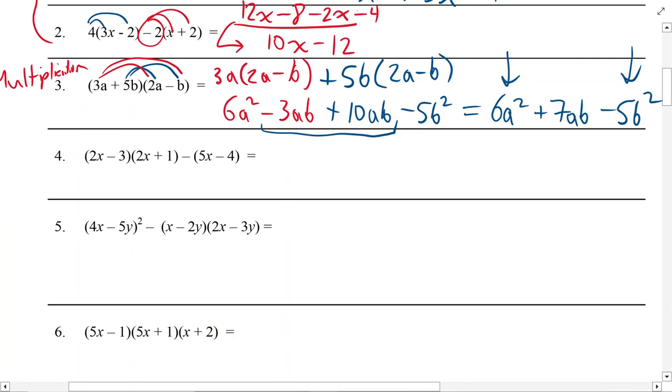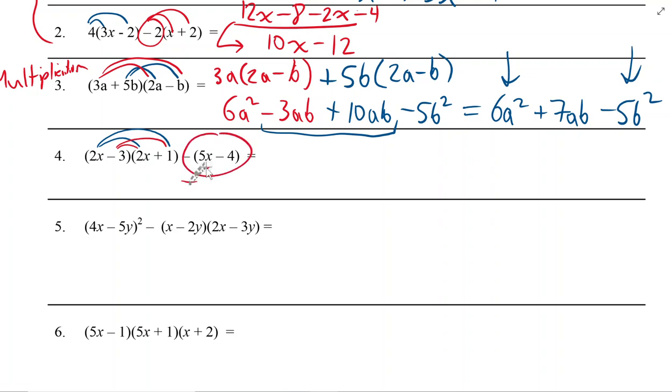Now you have a multiplication, so you have to multiply and multiply, and then multiply, multiply, and then you have to subtract this one. There are several different ways of doing this. Go ahead and multiply first, and then keep this one as minus (5x minus 4). Okay, so multiply in, go for it.